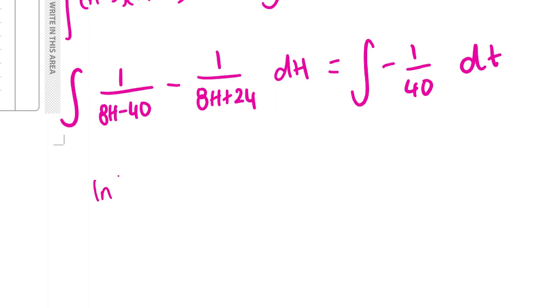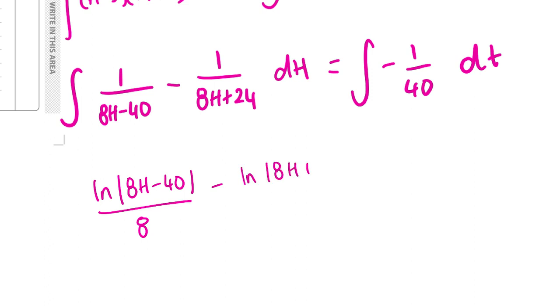Ln of 8h minus 40, and then we need to divide by the differential of the bracket, which is divided by 8. Minus ln of 8h plus 24 divided by 8 equals, now remember, we're integrating with respect to t now, so this is minus 1 over 40 t plus c.